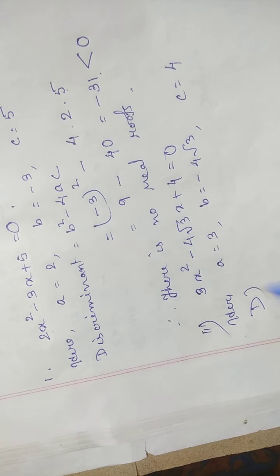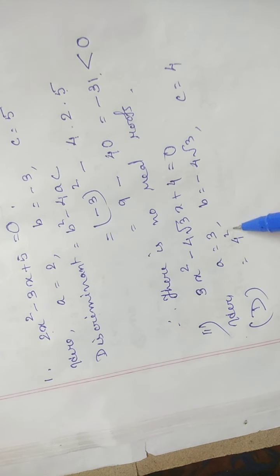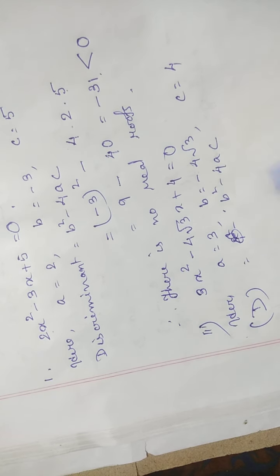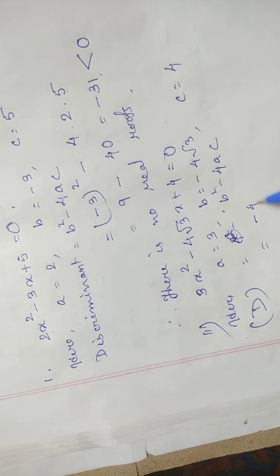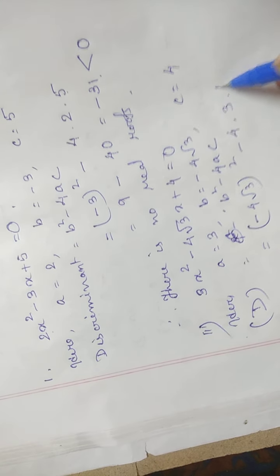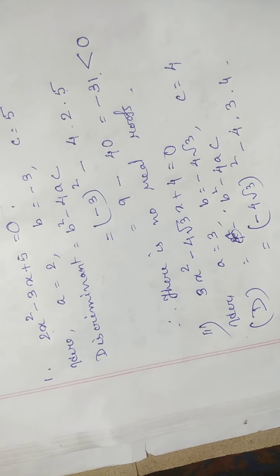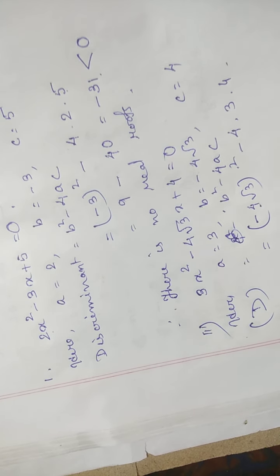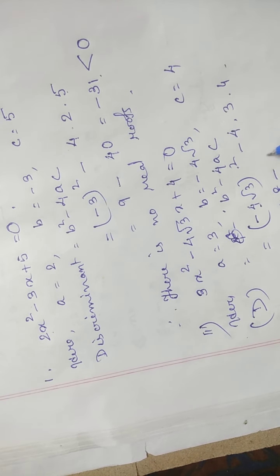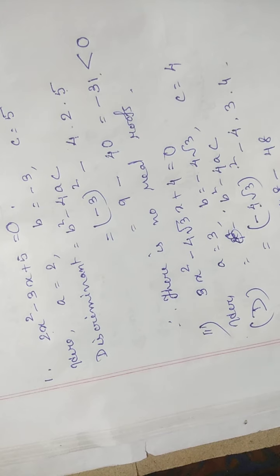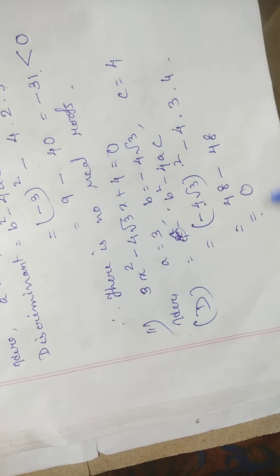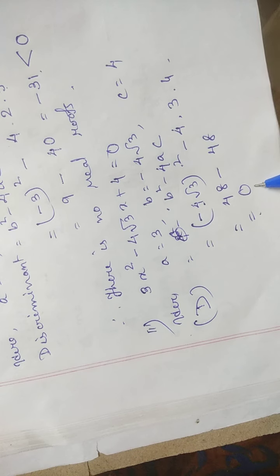Therefore, the discriminant D equals b square minus 4ac. So, minus 4 root 3 whole square minus 4 into 3 into 4. After calculation, you find 48 minus 48, so this is equal to 0. Therefore, what do you find? Two real roots you can find out.